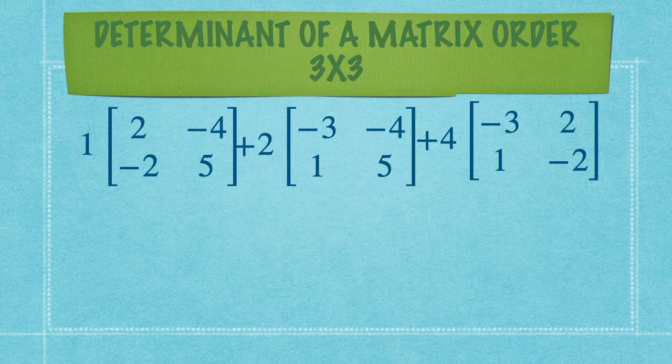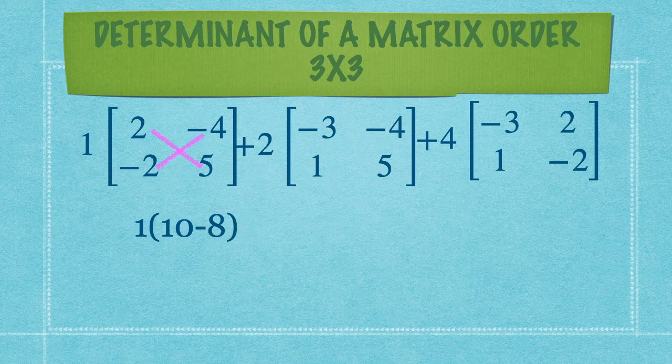Now let us start by multiplying 2 times 5. That gives us 10. Then we multiply the -2 times -4. That is +8. But because the formula itself has a minus, that's why I see minus +8.